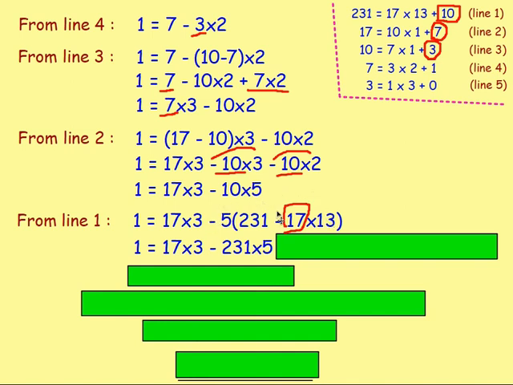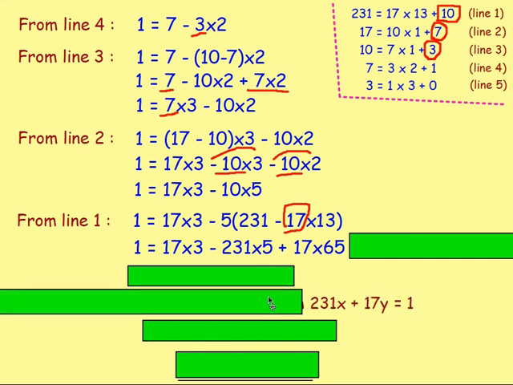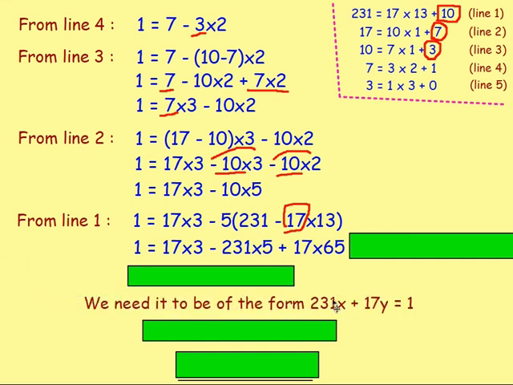We've obviously got the take away here, so the 2 negatives will make that a positive, and do 5 times 13, which will give us 65 times that 17. Again, we want to leave the 17 because we are wanting in our answer 231x plus 17 times y. So we need to leave this 17. Put the 5 and the 13 together, we don't want them, and it gives you 65. 2 negatives make that positive.